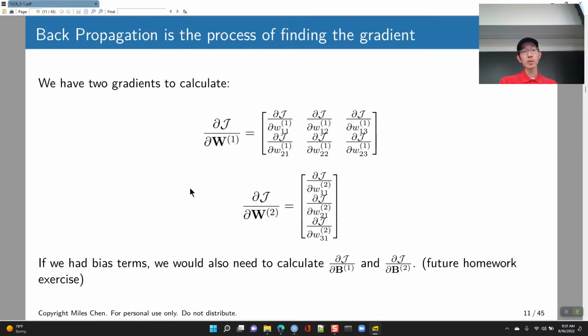That's basically what backpropagation is all about. Backpropagation asks how the output changes with respect to changes in the previous layer, and then how those values change with respect to changes in the layer before that, and so on. Even if you have a very deep network, you just keep working backwards.